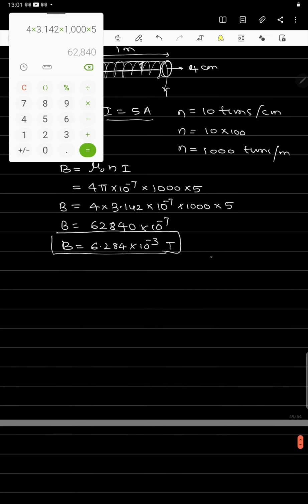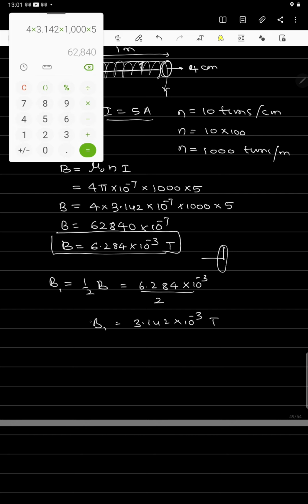For one end of the solenoid on its axis, we take B1 equals 1 by 2 B, that is half of that value. So it is 6.284 into 10 to the power of minus 3 divided by 2, which becomes 3.142 into 10 to the power of minus 3 Tesla.